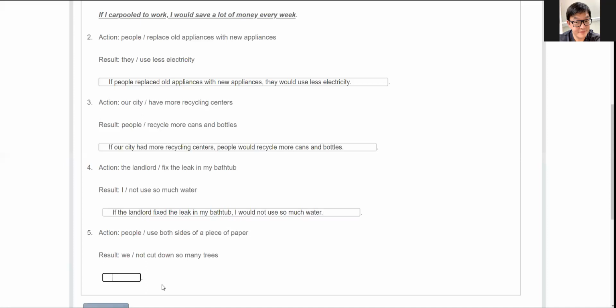Number 5, action, the imaginary action: people use both sides of a piece of paper. The result: we not cut down so many trees.